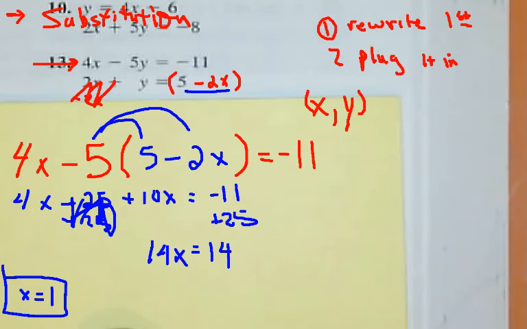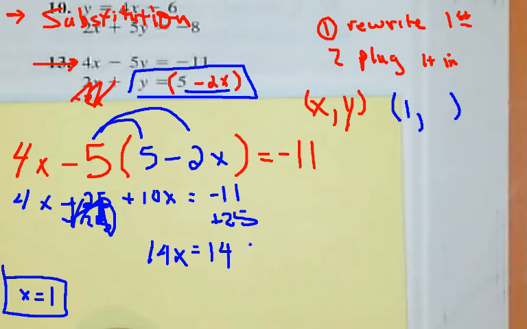Remember, we're not done until we have them both, right? So we know 1 comma something. What's the something? Well, I go back up here, right? I know exactly what y equals, so let's do it. Y equals 5 minus 2 times x. And I know what x is.